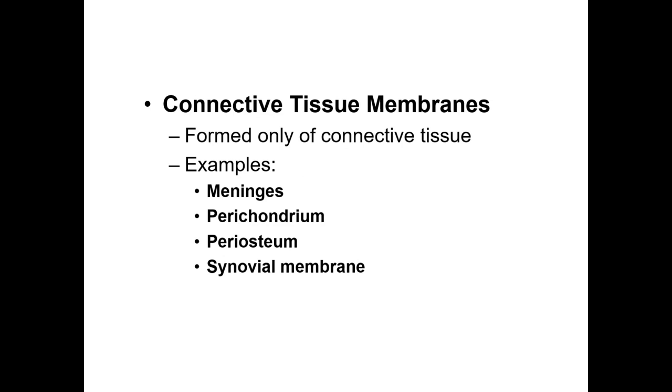Then we have some connective tissues membranes. And these are formed only of connective tissue, and some examples are meninges, perichondrium, periosteum, and synovial membranes, which are found in joints.